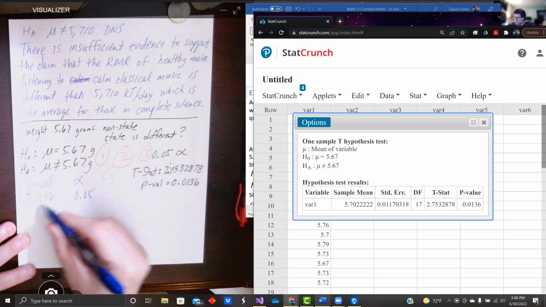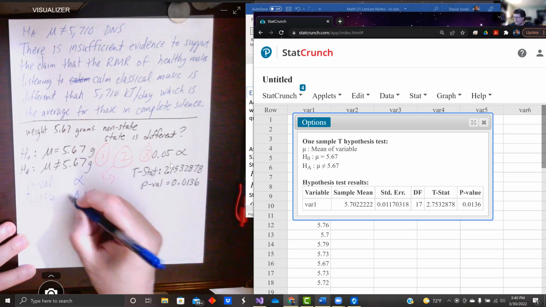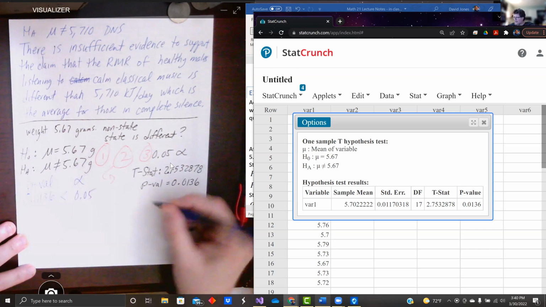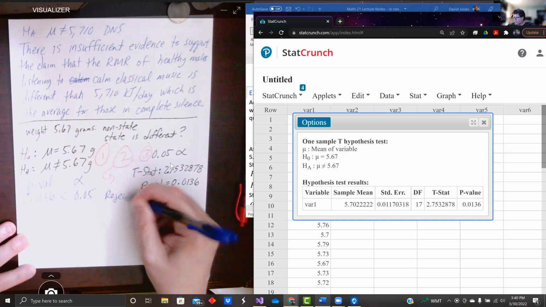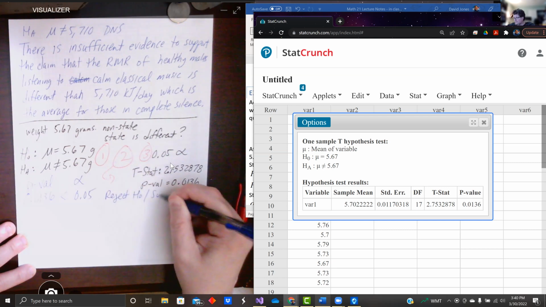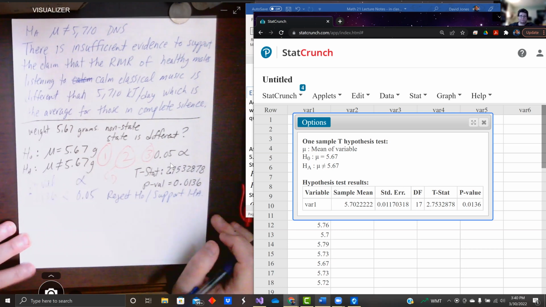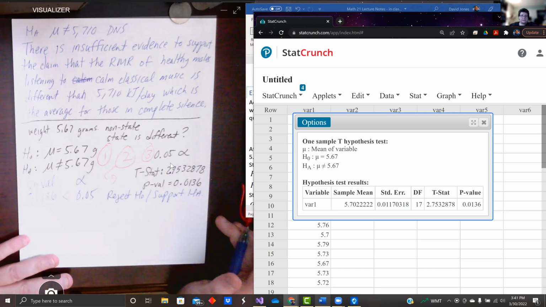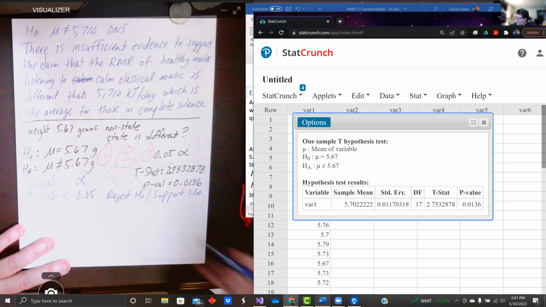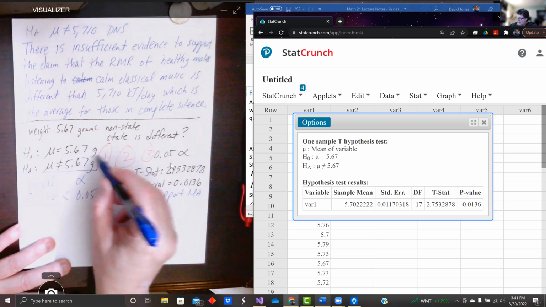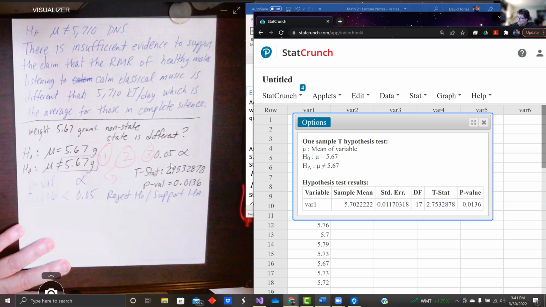So 0.013 is less than 0.05, so we reject H naught and support HA. HA was that the mean is not equal to. It is different.